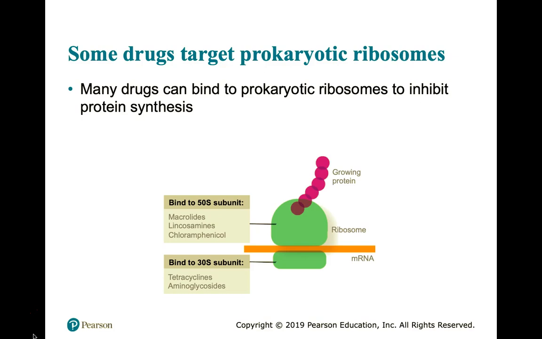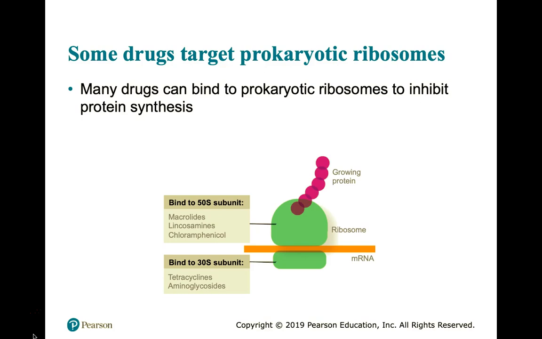Some antibiotics attack ribosomes, which inhibits what? Give you a second. If you're attacking a ribosome, you're inhibiting the ability to produce a protein, right? Because ribosomes are using translation to make a polypeptide.